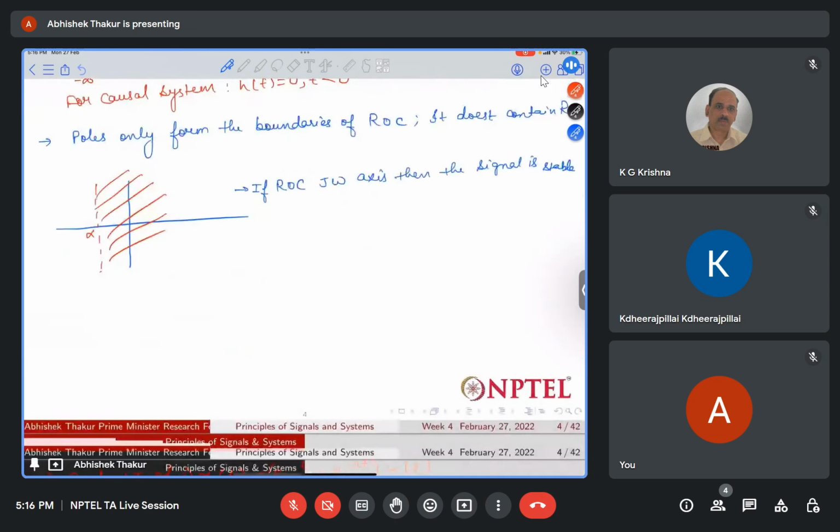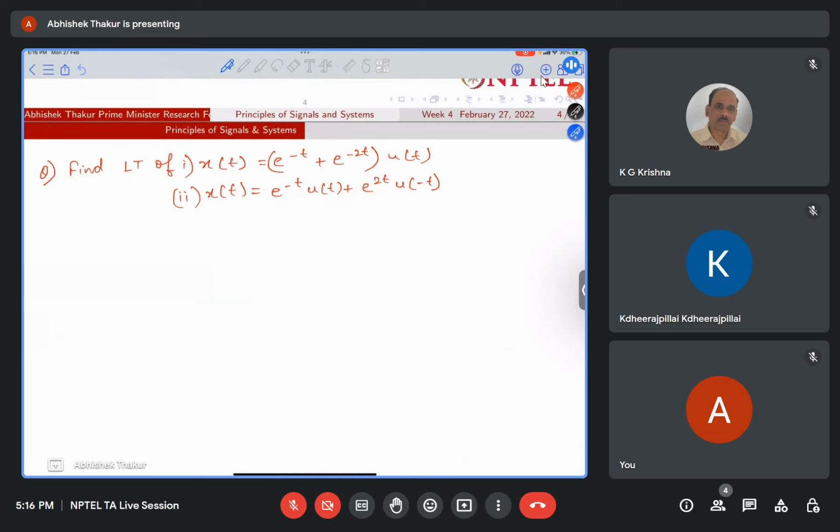In this, we know it is a summation of two functions: f1(t) is e to the power minus t u(t) and f2(t) is e to the power minus 2t u(t). We know that the Laplace transform of e to the power minus t u(t) is 1 by s plus 1, and the region of convergence is real part of s greater than minus 1.